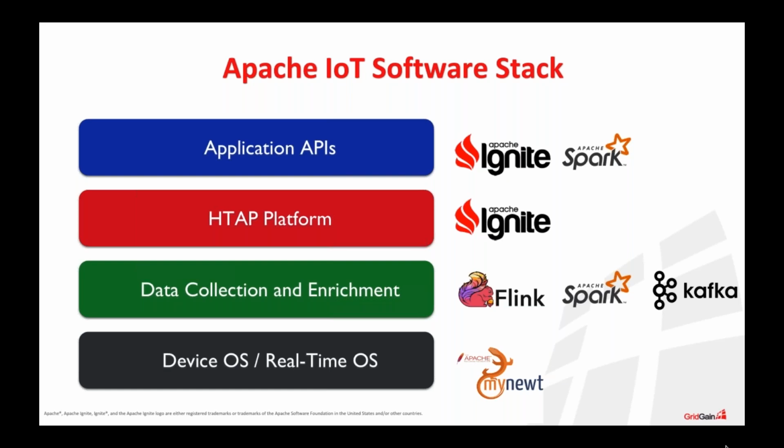On that layer, it's up to you. We just need preferably some streaming technology that is able to collect an enormous amount of data coming from your devices. That technology has to be able to transform and enrich this data, preferably using multiple machines rather than a single piece of hardware.